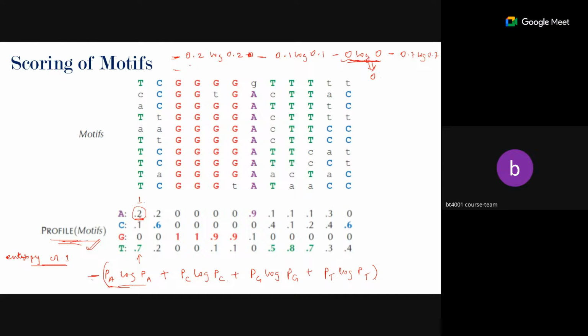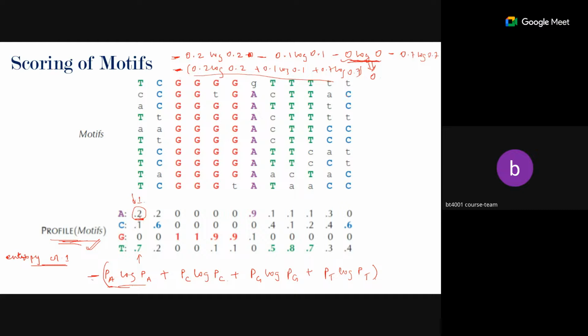These values we can count: 0.2 times log 0.2 plus 0.1 times log 0.1 plus 0.7 times log 0.7, and whatever the value is, that will be the entropy at position number 1 of the motifs. So this will be the negative of this sum. Okay, remember the minus sign.